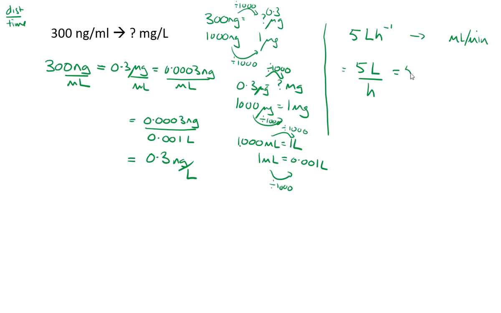So 5 litres is 5,000 millilitres. And that's 1 hour, so that's 60 minutes. So 5,000 divided by 60 is 83.3 mils per minute. Or if I wanted to, I could write 83.3 minutes to the minus 1. It's the same thing.